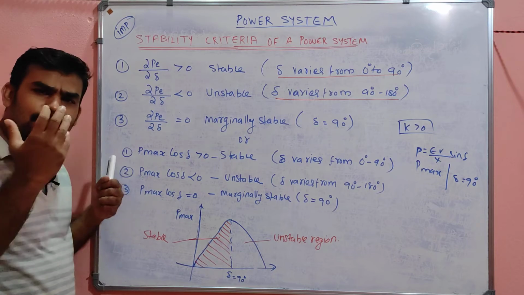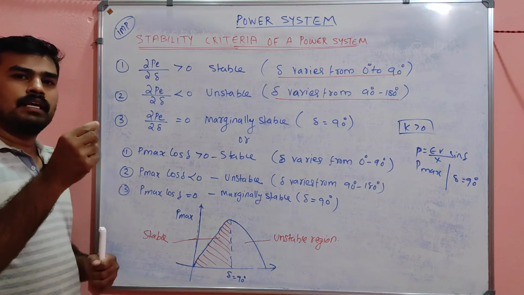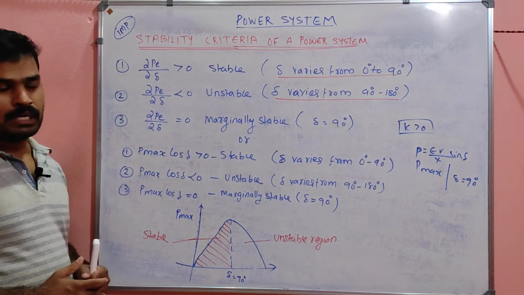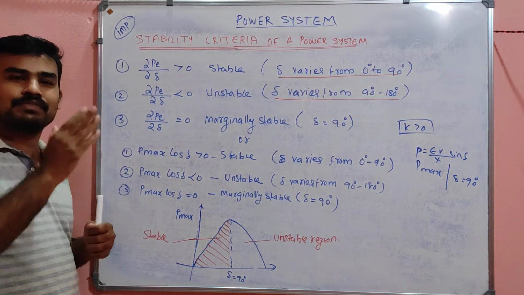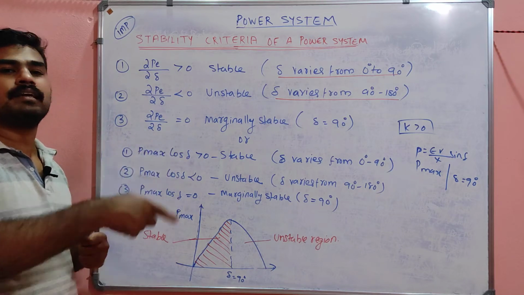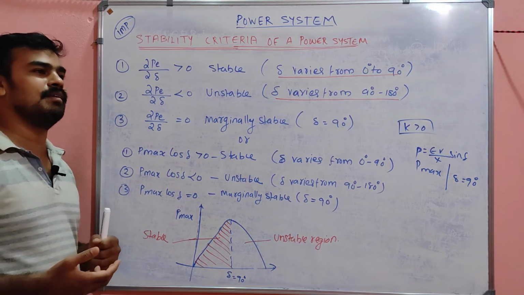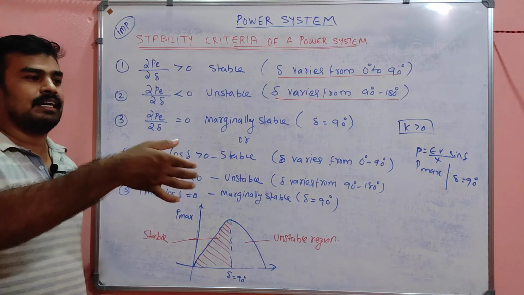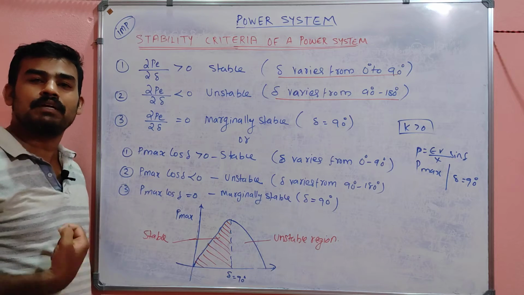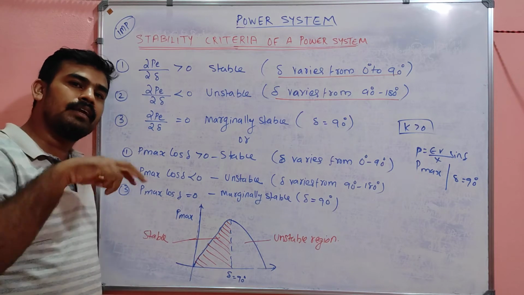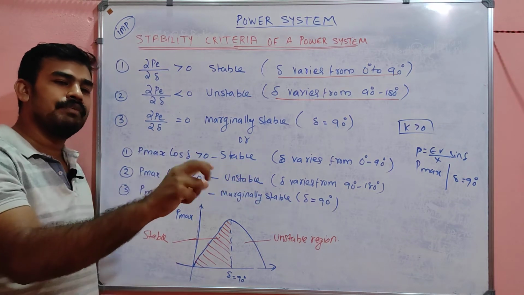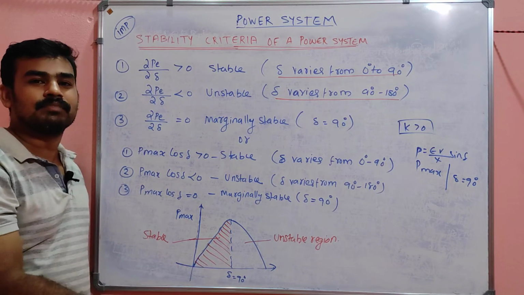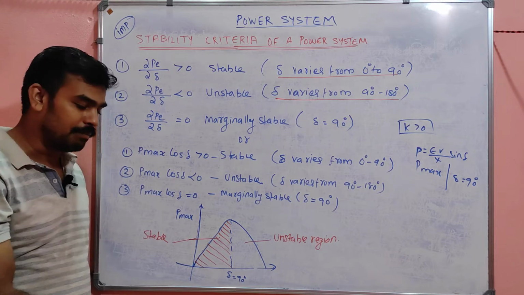What is the meaning of marginally stable? It means that a small increase in del will lead the system to instability. So marginal stability means at the edge of stability. It is like a thread bridge, you know. In Malayalam, it is a usage for a bridge made up of a thread. If a person is walking on the thread and doesn't care about his feet, what happens?